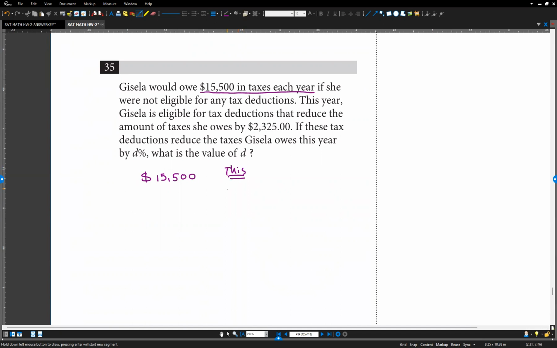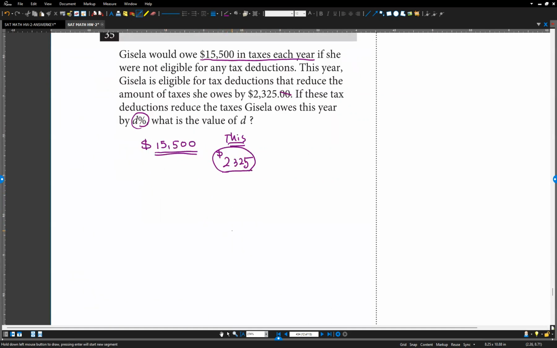This much she reduced, $23.25. Save this amount. If these tax deductions reduce the tax owed this year by D%, this amount is D% of this amount, that's the meaning.